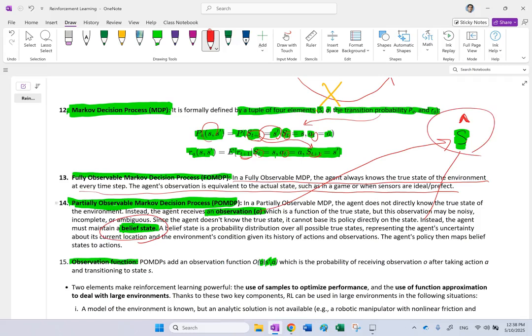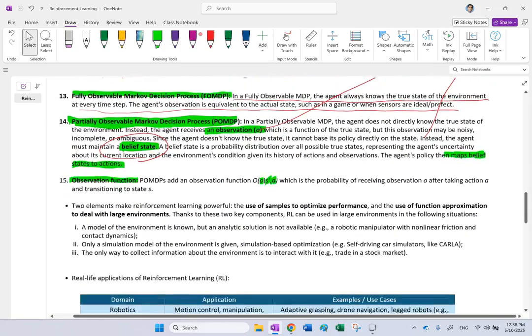And the policy that you pick will map your belief state to the actions, right? So it is pi of what? A given S hat, not S, because you don't have S. That is very important.